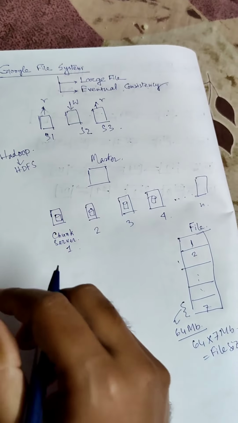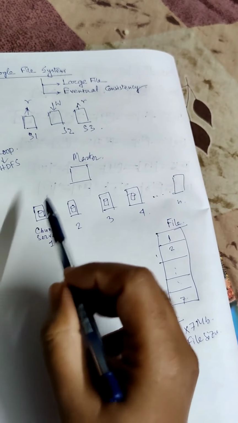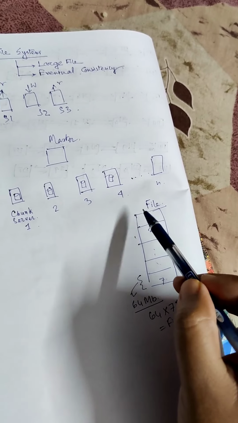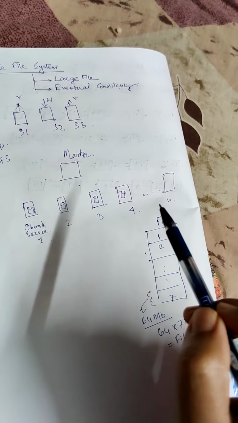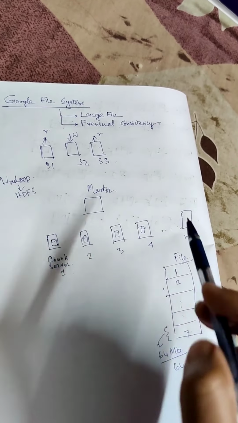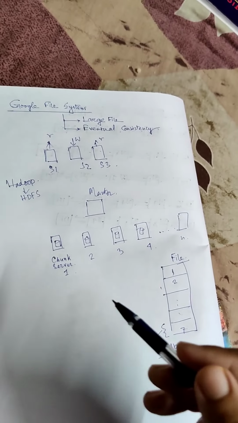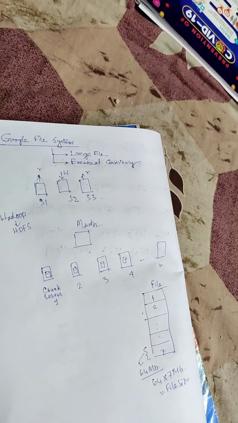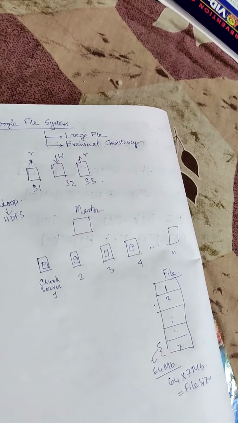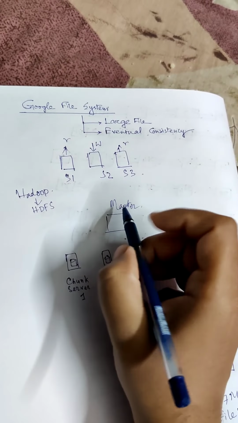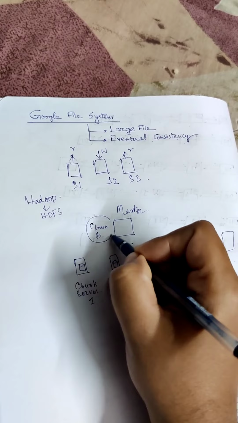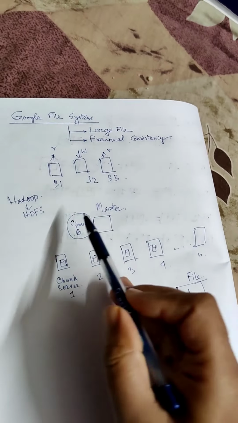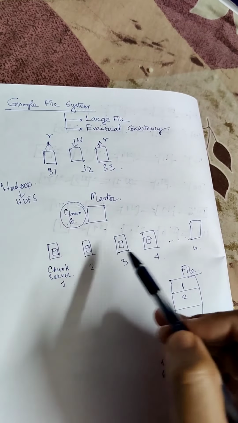Now let's come back to the point. What is the responsibility of the master here? The master takes each chunk and distributes it among chunk servers, the way we mentioned earlier. Suppose we have chunk 6, which the master wants to distribute among chunk servers.